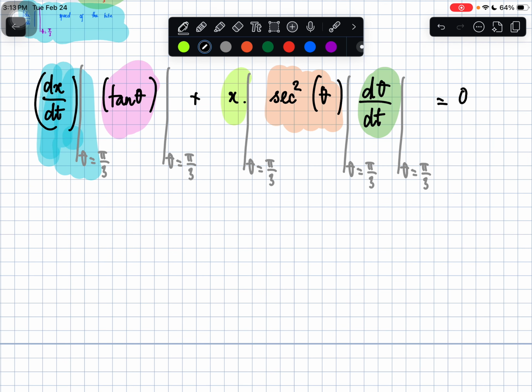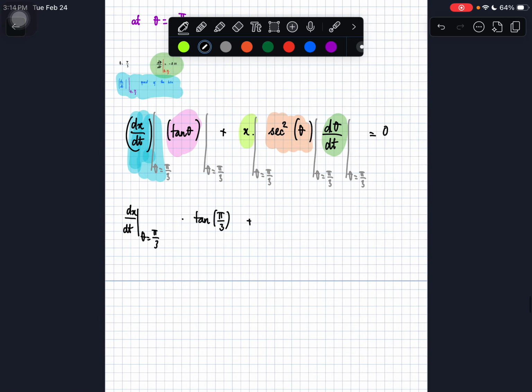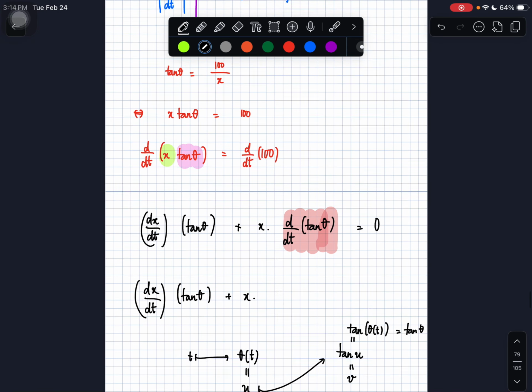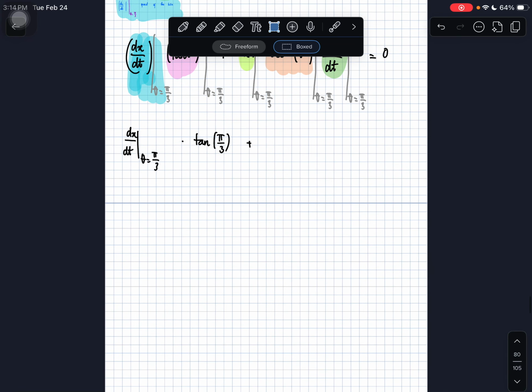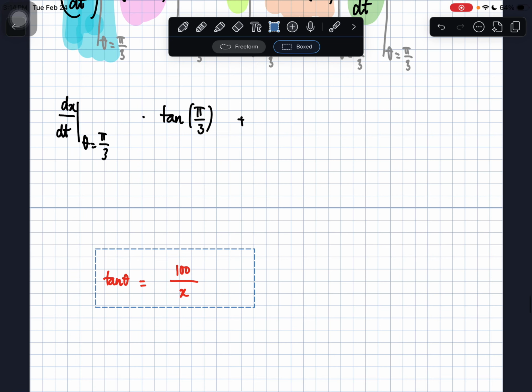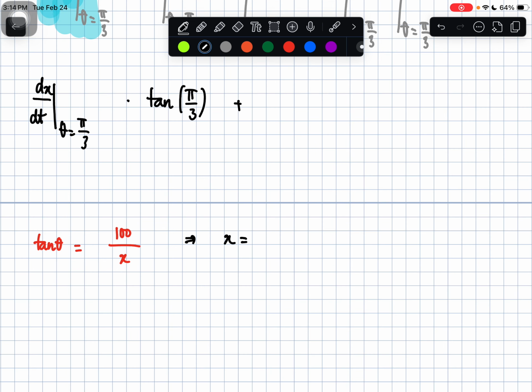Now I have dx over dt, with theta at pi over 3. That's what we need to find. Tangent pi over 3 plus x equals, we need to find x when theta equals pi over 3. Remember the relation tangent theta equals 100 over x. This gives x equals 100 over tangent theta.